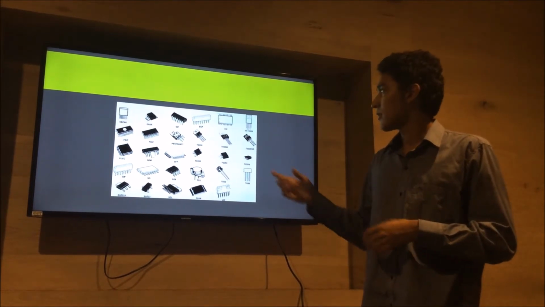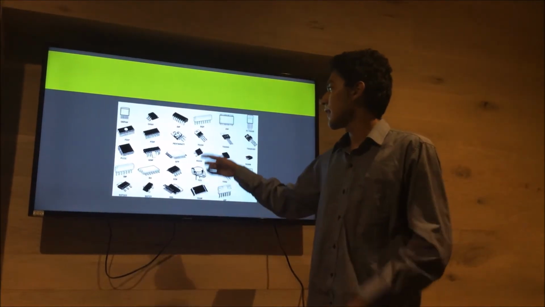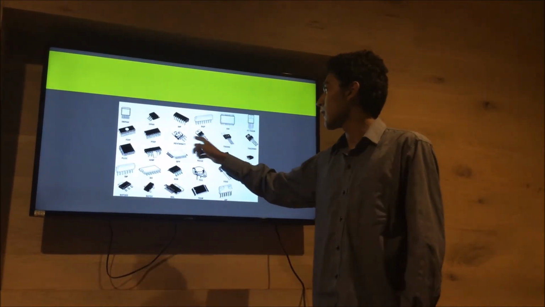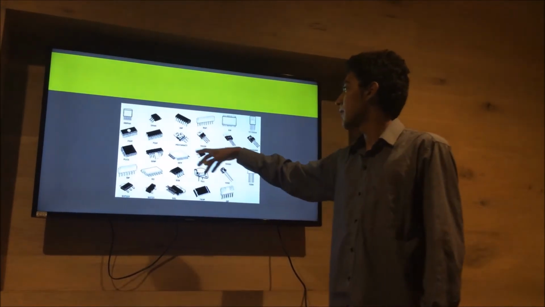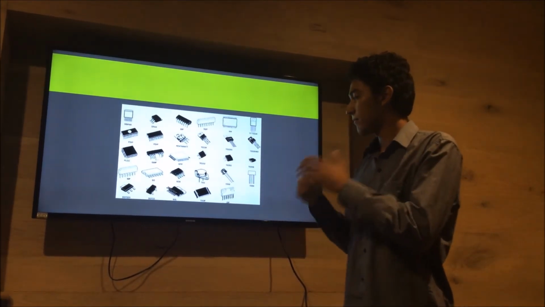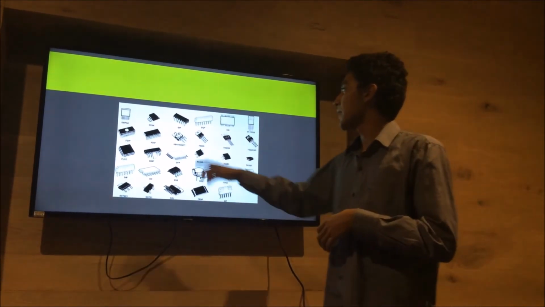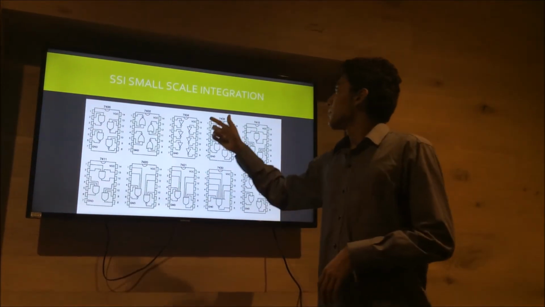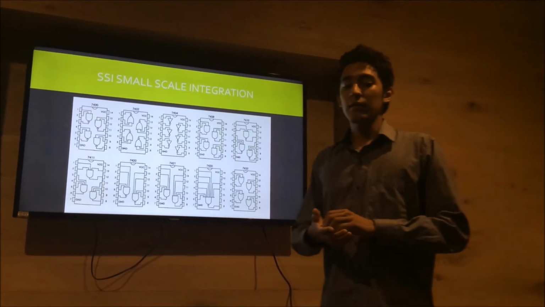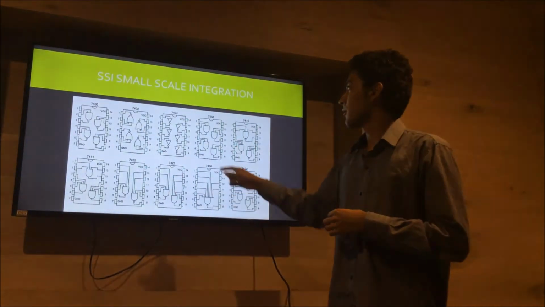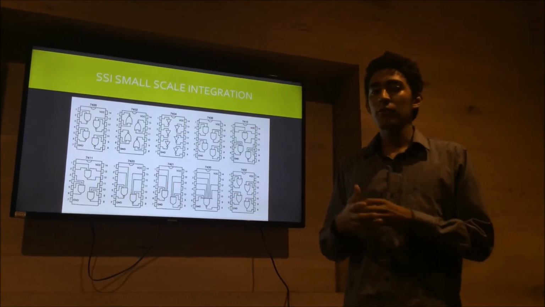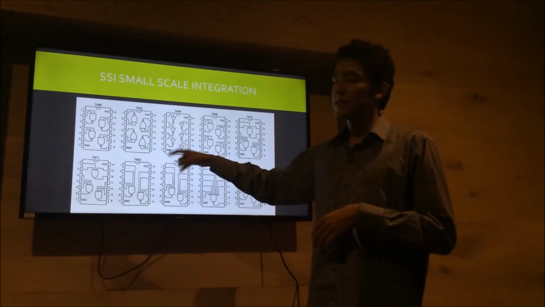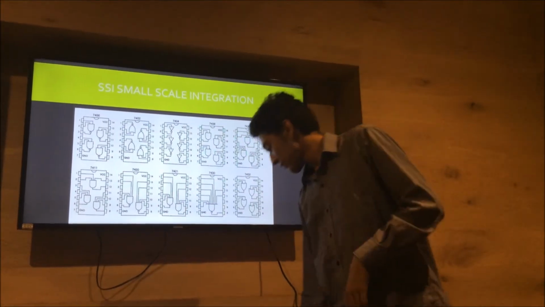With all this in the market we can find all these kinds of package designs, which are specified by their number and the way their pins are connected. Small scale integration means that our circuits and gates are found in a number between 2 and less than 12 gates per chip.